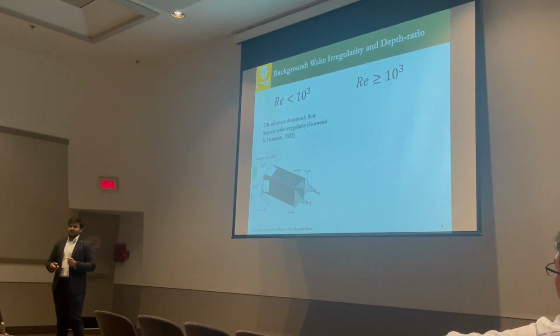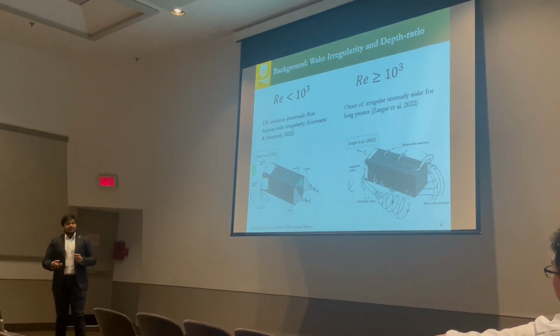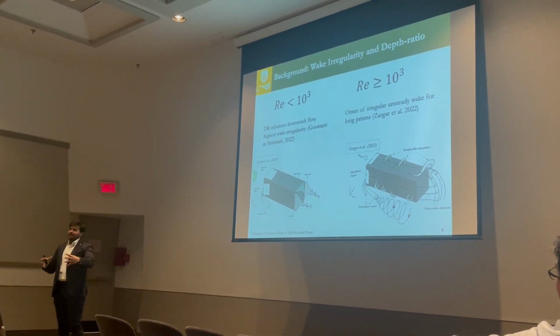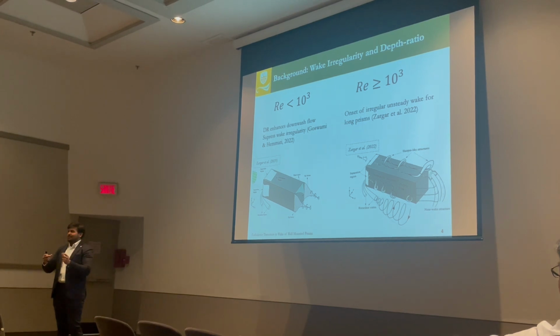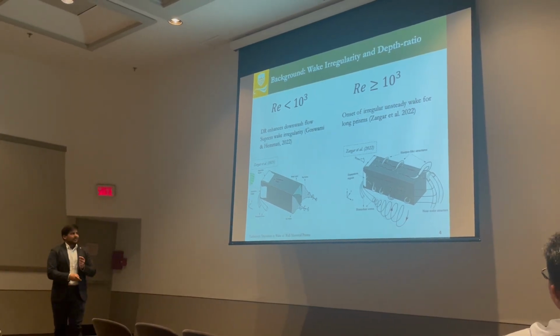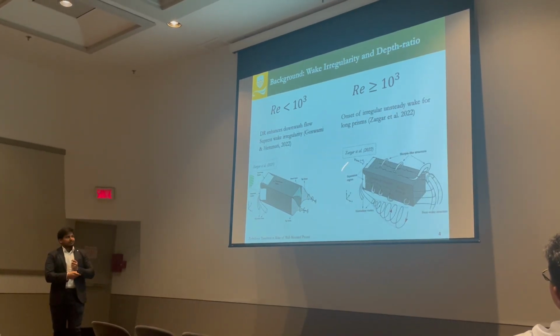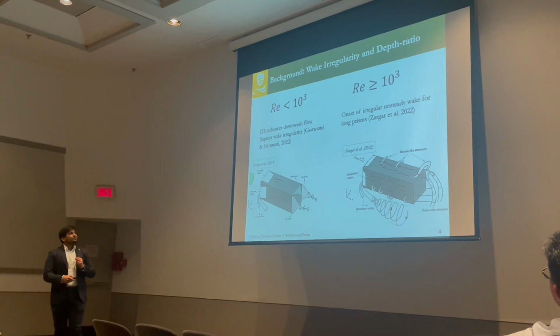At high Reynolds numbers, above 1,000, the onset of an irregular unsteady wake behind a long prism occurs because of the destabilization of the leading edge laminar separation bubble. So this is what that wake model looks like.